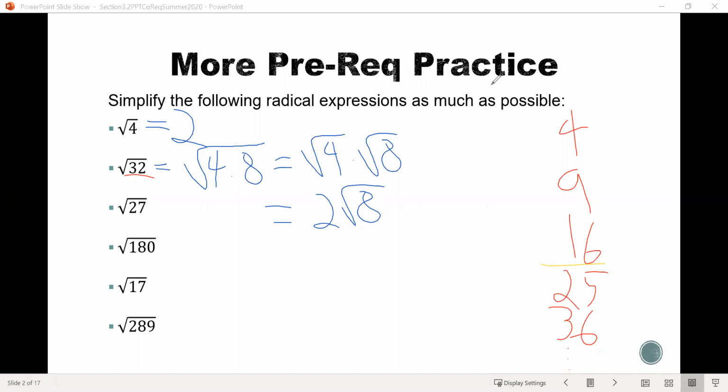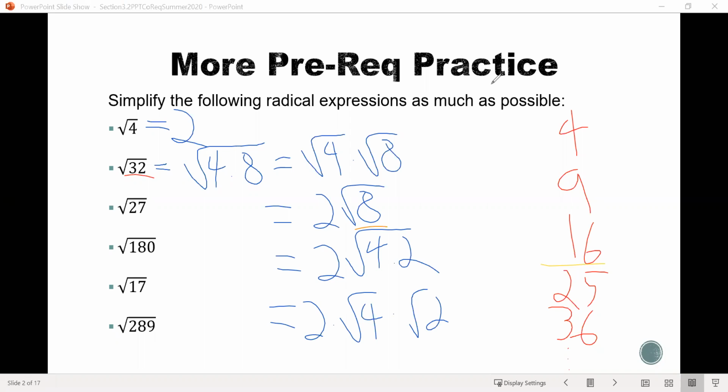What we do now is look at what's left under the root and think, are there any perfect squares that go into that? For 8, that can be written as 4 times 2, because 4 goes into 8. From there, we can write this as 2 times the square root of 4 times the square root of 2, breaking up the roots.